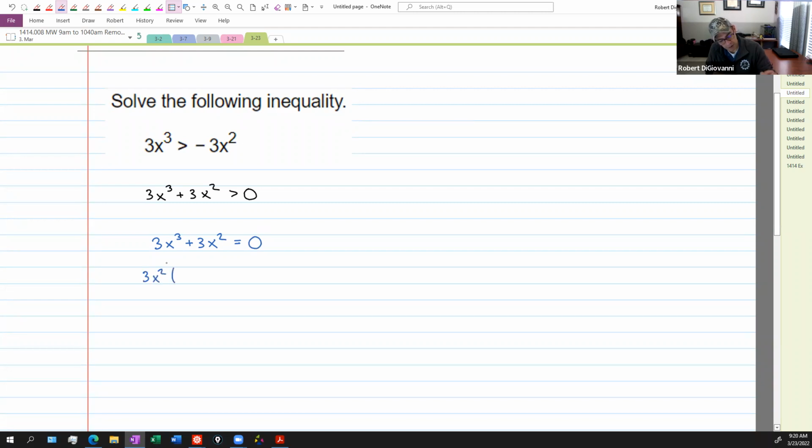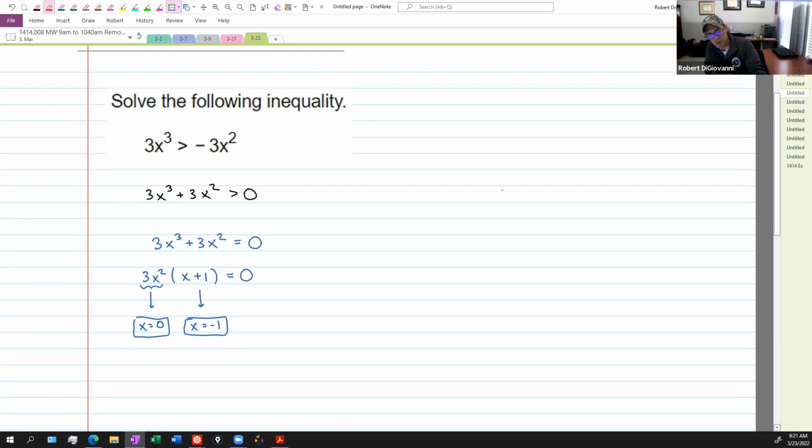Pull out a 3x squared, you should be left with x plus 1. And then you set each of these factors equal to 0. So if I set that equal to 0, I'm going to get a solution of x equals 0. And if I set that to 0, I get x equals -1. So I have 2 x-intercepts.